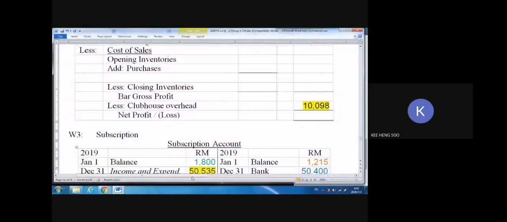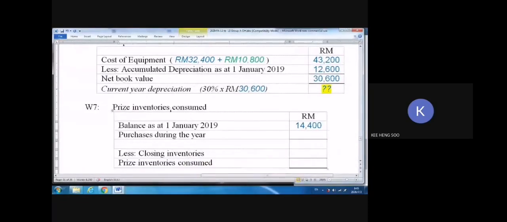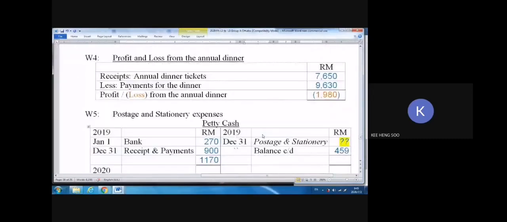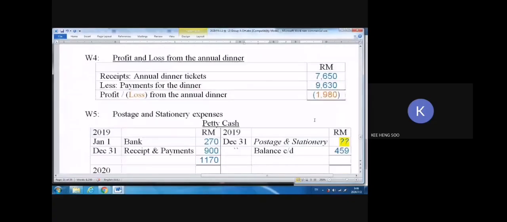I'm too fast already. Price inventory is 2007. Yes, you are correct. Fund is the other page, I think. Fund is later on. Okay, page 22.